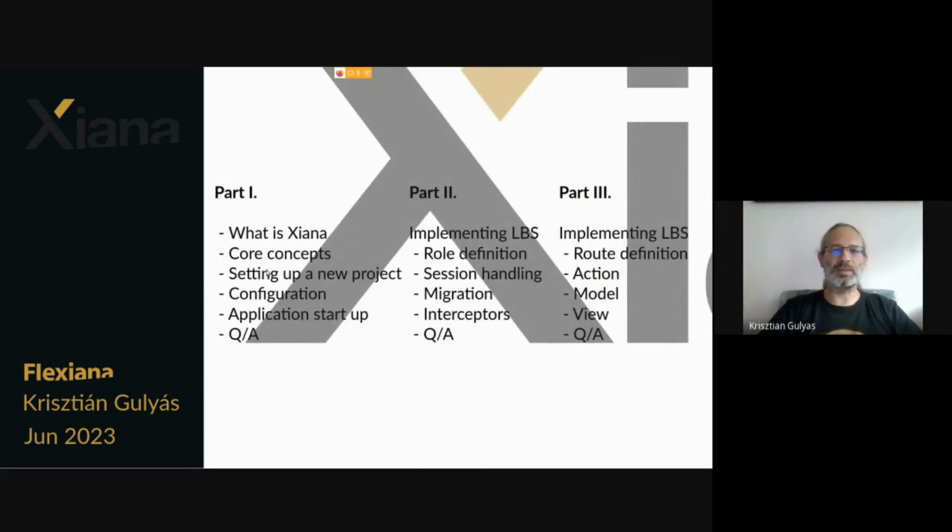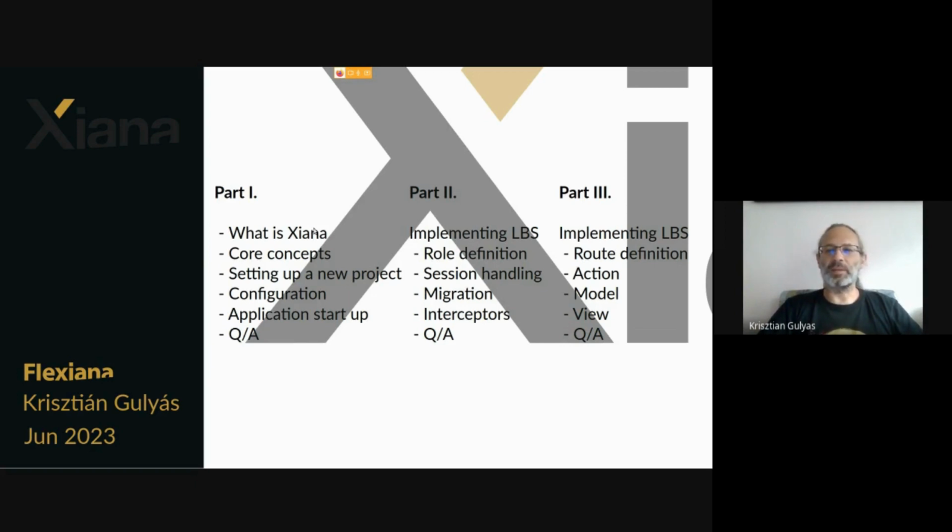As you can see, I'm planning to have 3 parts of different sessions. One is about Xiana overall, about the core concept, how to set up a new project, what we provide for configuring your application, and what the application startup looks like.